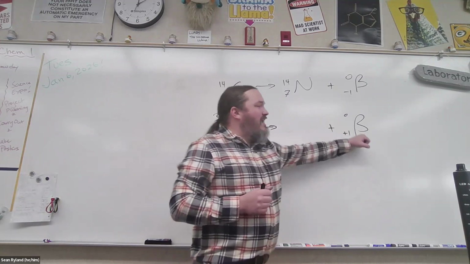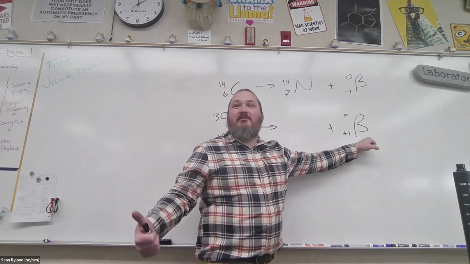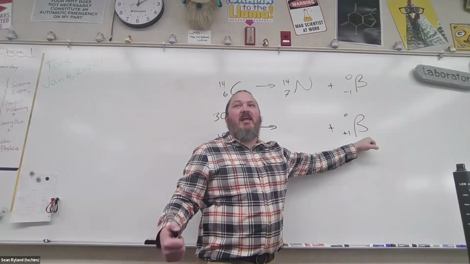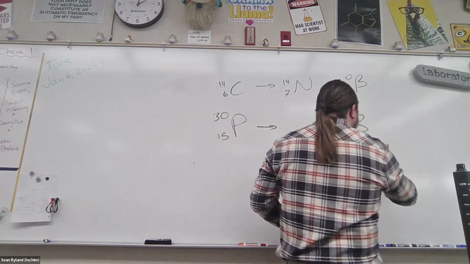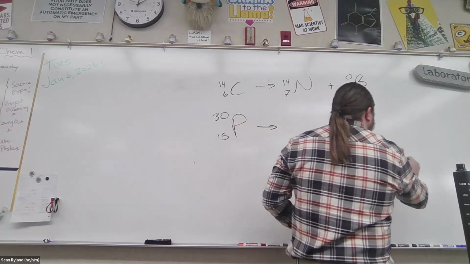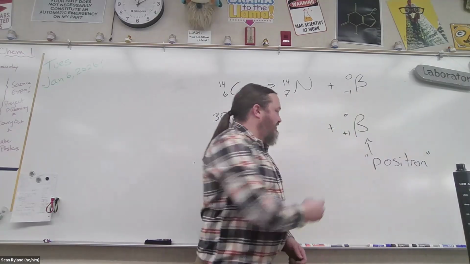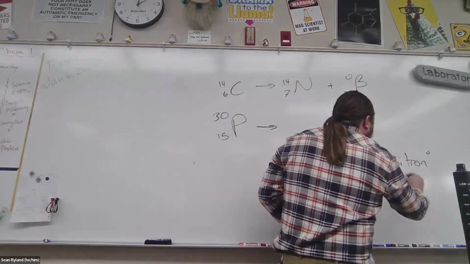And that means what we made here is not an electron, it's the same mass as an electron, but with a positive charge, so we call it a positron or an anti-electron. If it's easier to remember, you can call it an anti-electron.